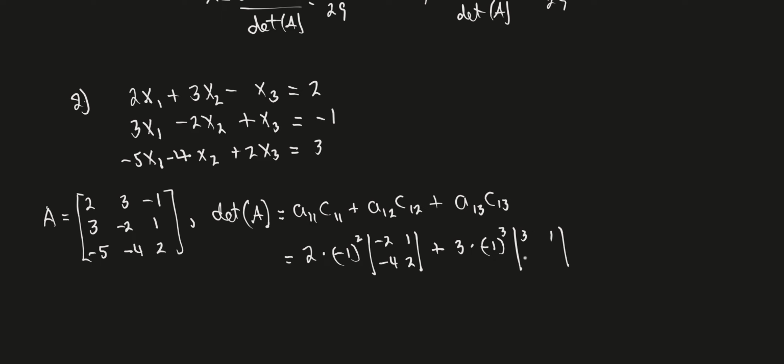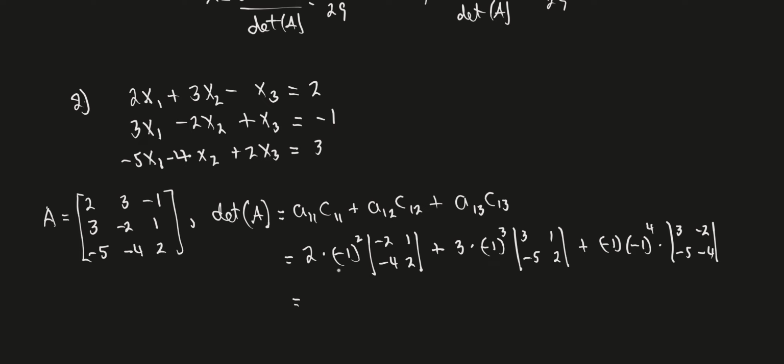So 3, 1, -5, 2. And then finally, our -1 times our -1 to the fourth power. And that submatrix is 3, -2, -5, -4. So 3, -2, -5, -4.